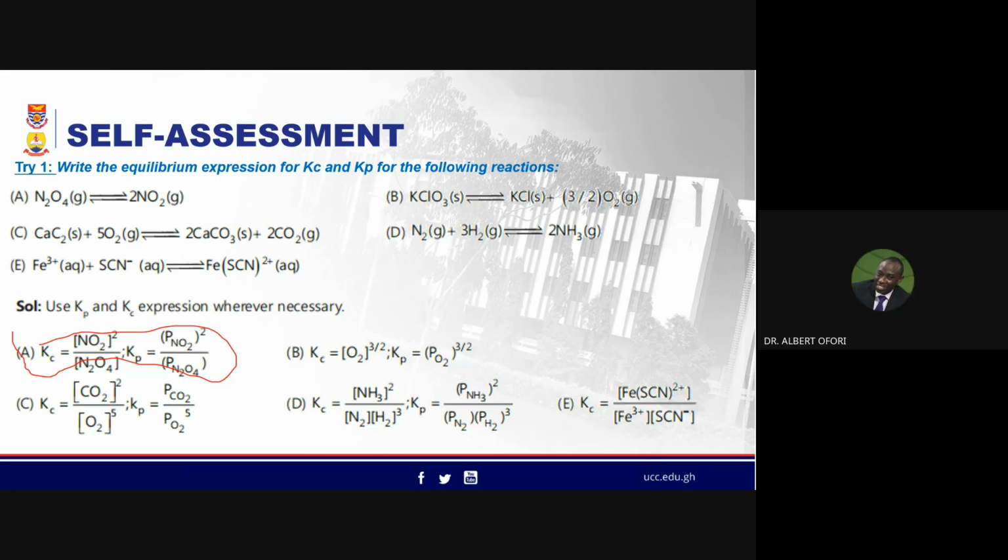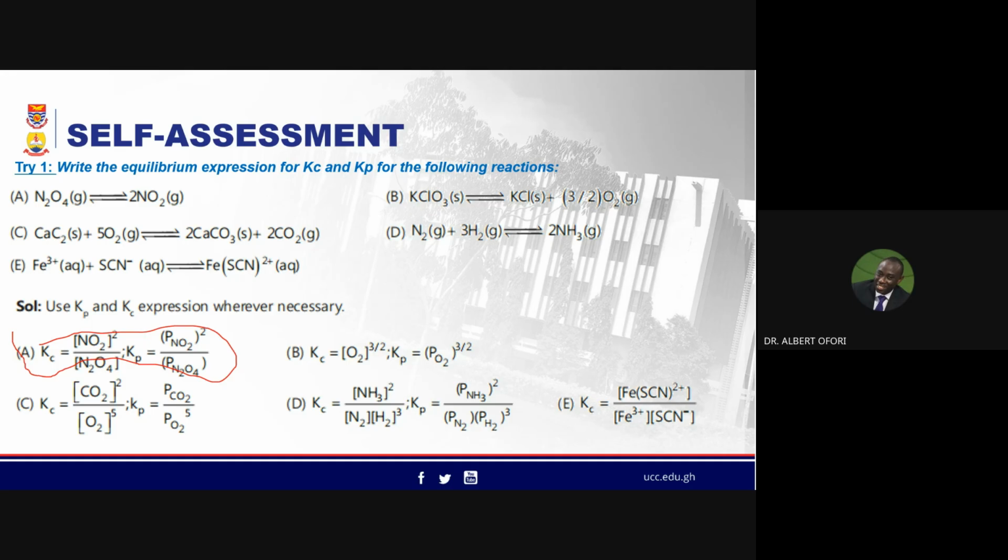But the power raised will be the same thing. Is that okay? Yes, okay. So please note that. That's your homework if you want to do that.